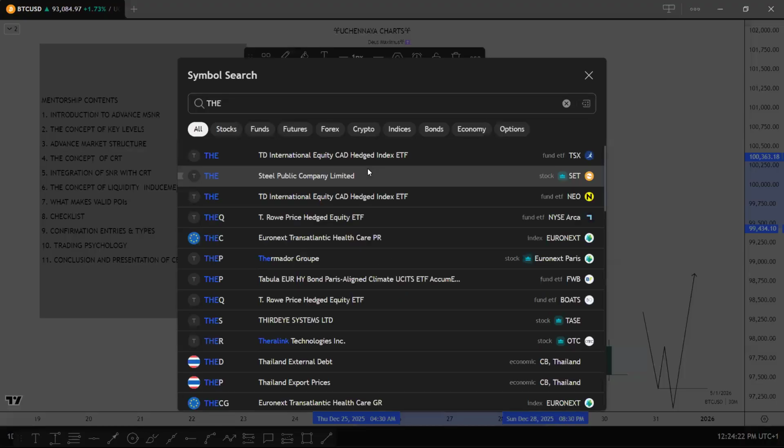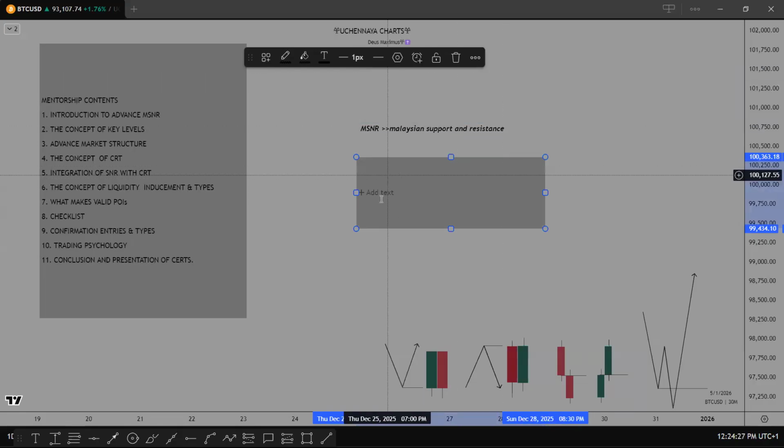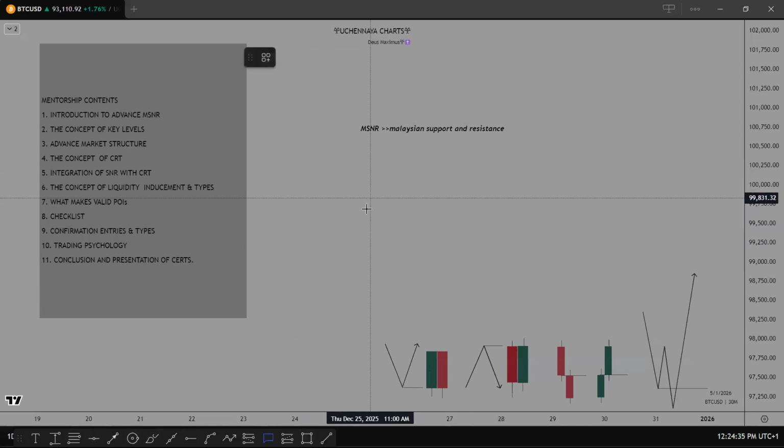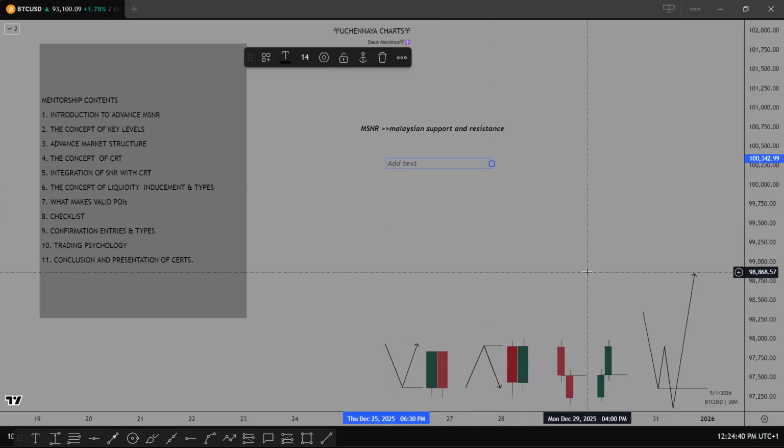But the four types of MSNR include: one, the apex level, otherwise called A levels, right?